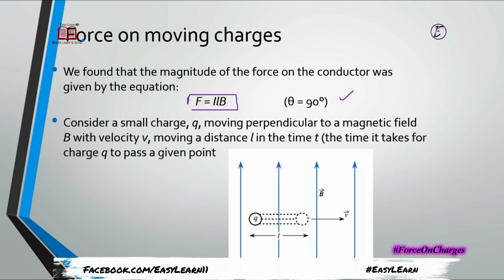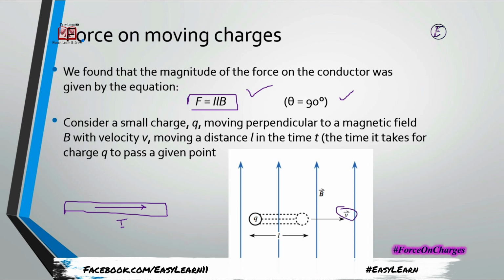We found that the magnitude of the force on the conductor was given by this equation, and nothing changed in this equation. Consider a small charge q. This is the small charge q. It is moving perpendicular to the magnetic field B, at 90 degrees, with velocity v. Compared with the previous episode, where this was the direction of the current, here it is replaced with the direction of the velocity.